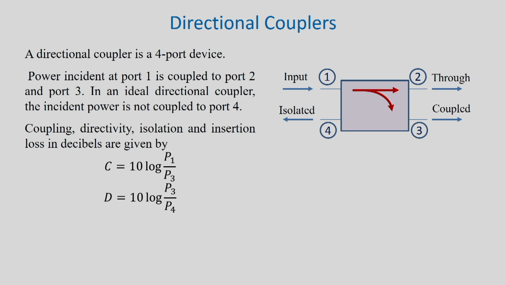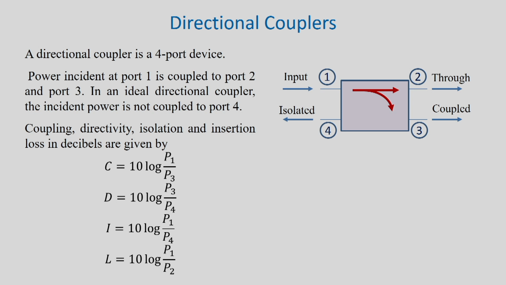Similarly, directivity gives the ratio of the power between port 3 and 4. Isolation is between port 1 and 4, and I is 10 log P1 by P4.